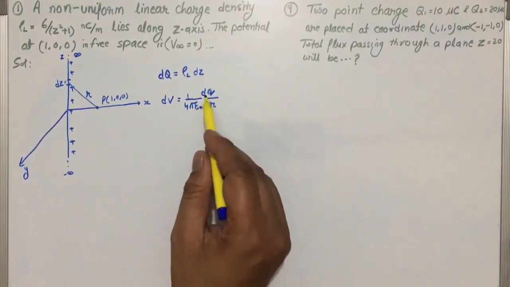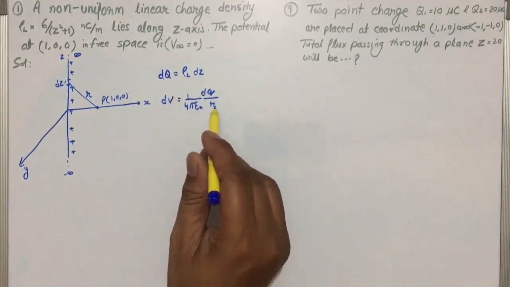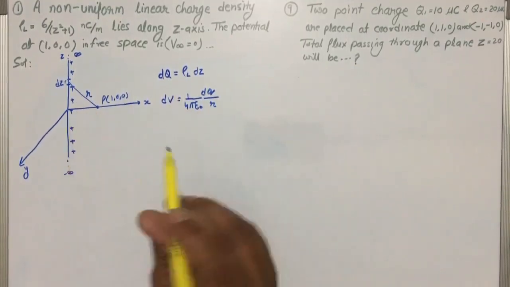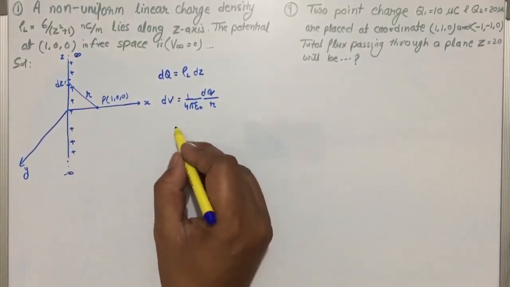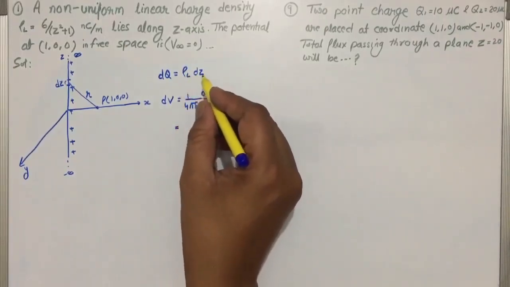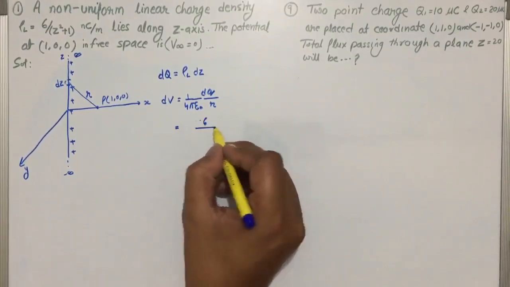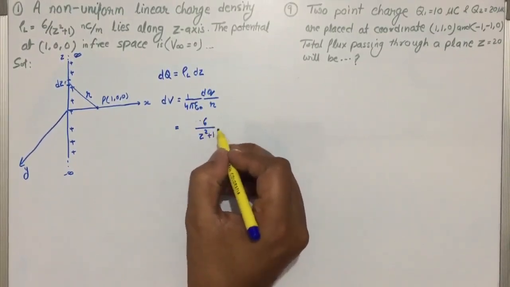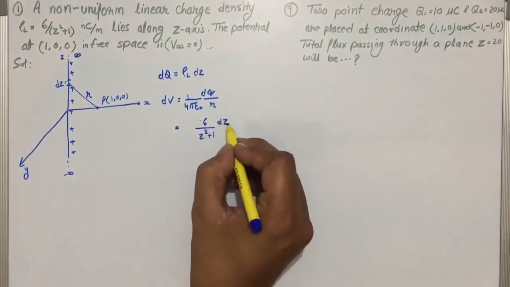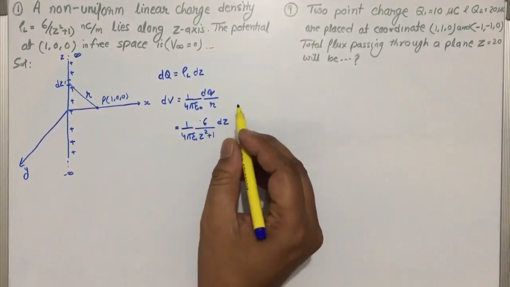Now we just have to put in the dq and r values. dq is rho L times dz, so this is 6 divided by z square plus 1, into dz, times 1 by 4 pi epsilon naught.